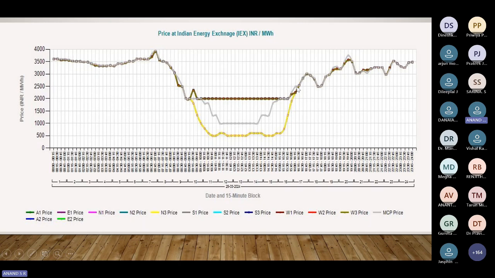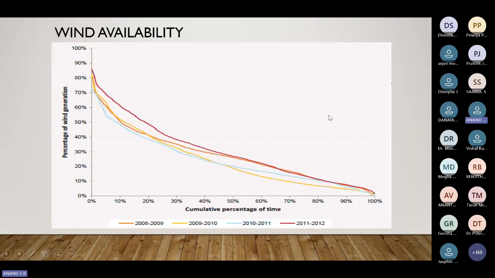And again, when it comes to the evening hours, when the solar reduces, the price increases. And during night hours, it goes to something around 3.5 to 4 rupees per unit. So this is the situation. This is the case which will happen. And this issue could be more problematic in the days to come with the increase in VR resources, very variable renewable sources.